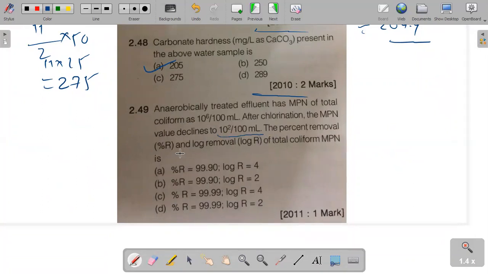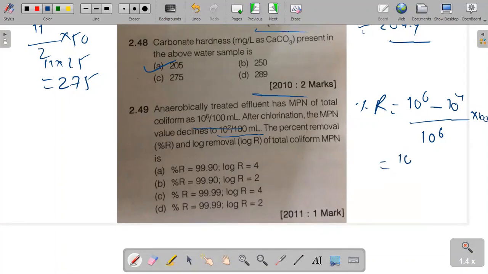The percentage removal R and log removal log R of total coliform MPN is? For anaerobically treated, MPN is 10 to power 6. If you remember, we have a percentage removal formula: 10 to power 6 minus, after chlorination 10 to power 4, divided by 10 to power 6, multiplied by 100.